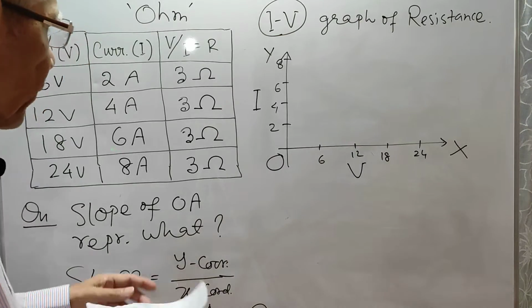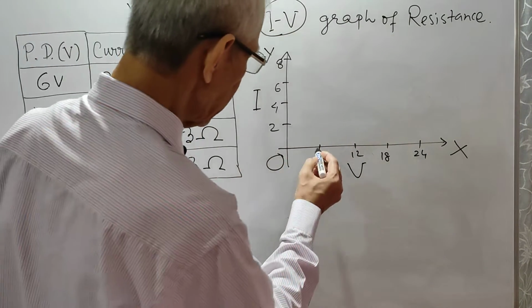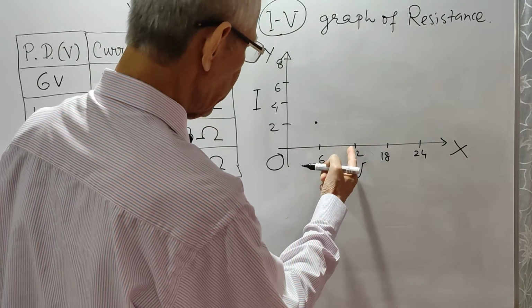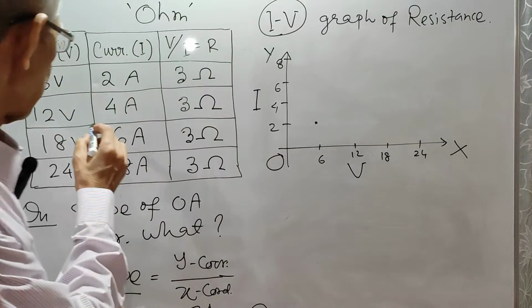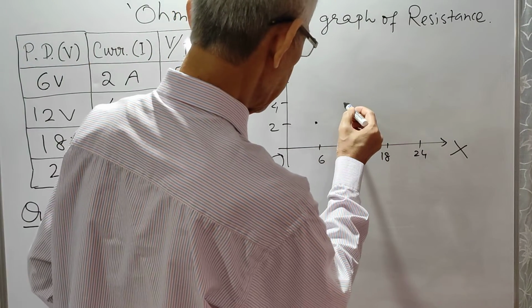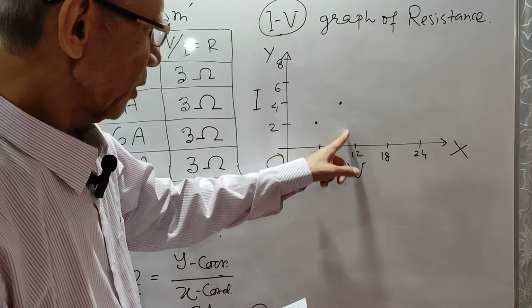Now 6, 2 will be somewhere here. Then next will be 12, 4, which will be somewhere here. So this will be 6, 2, this will be 12, 4.